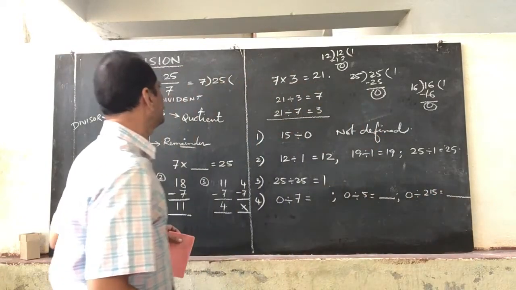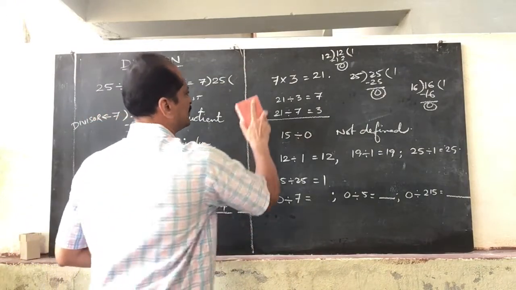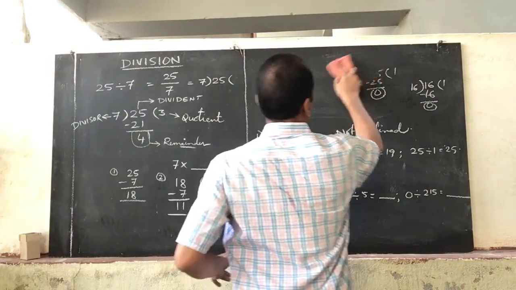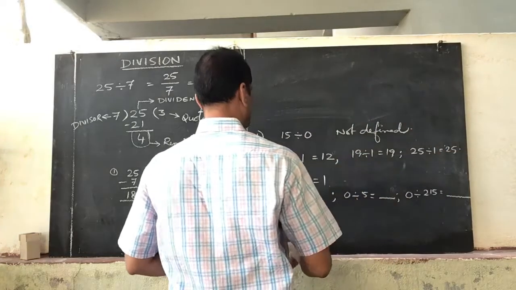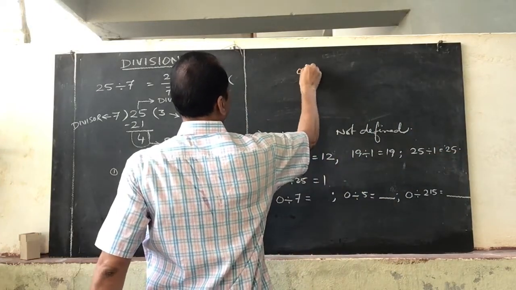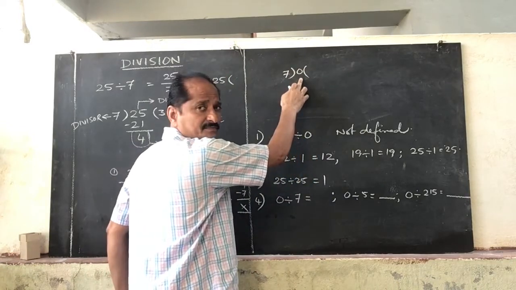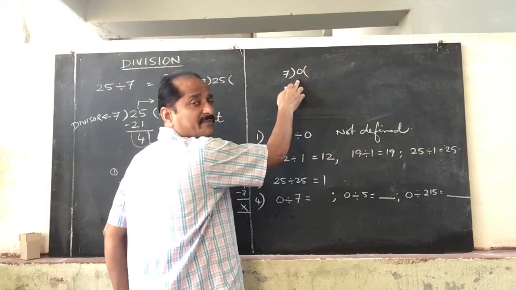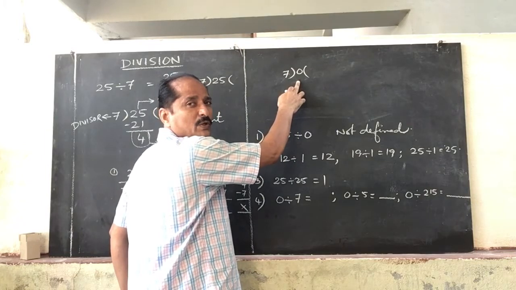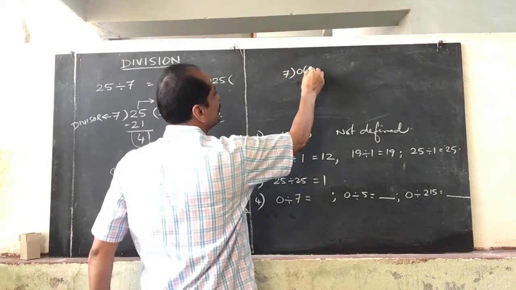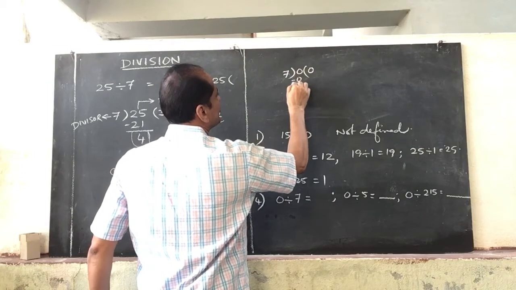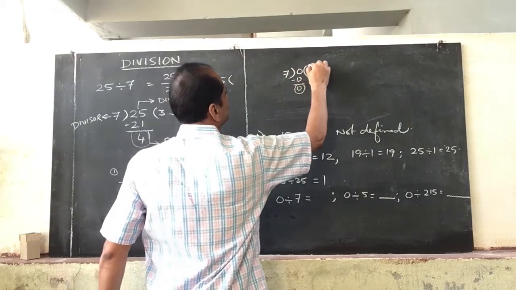See here, 0 divided by 7. When will you get 0? When the dividend becomes 0, 7 zeros are 0, 0 minus 0 is 0. Yes, this division is possible.